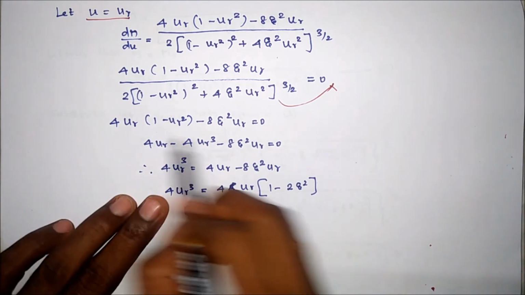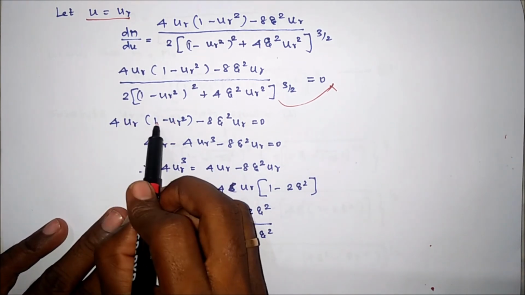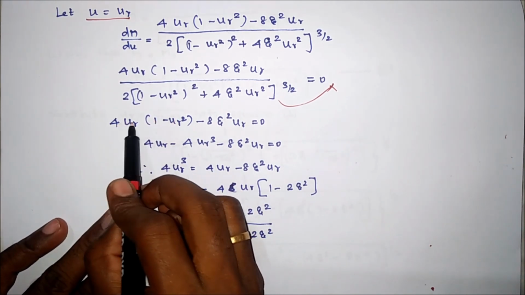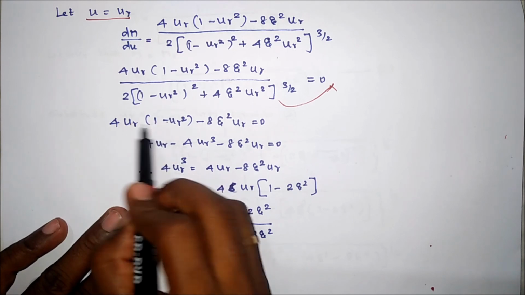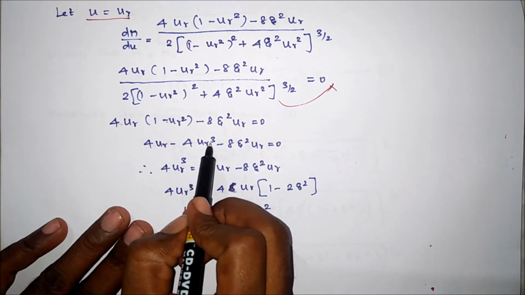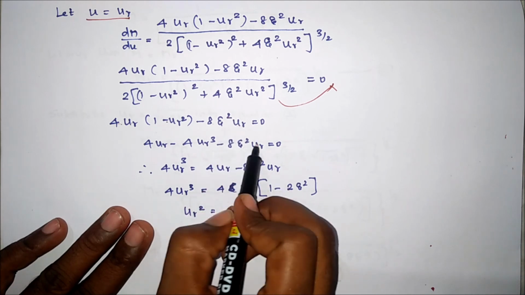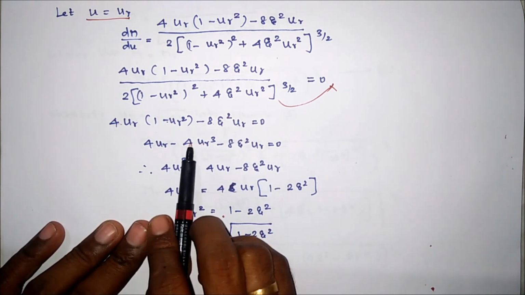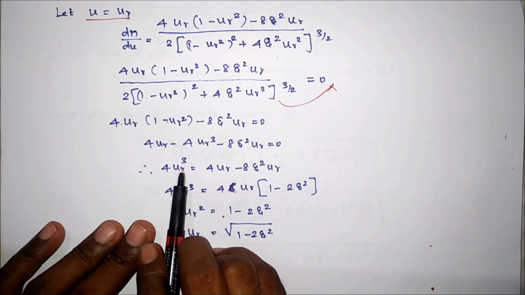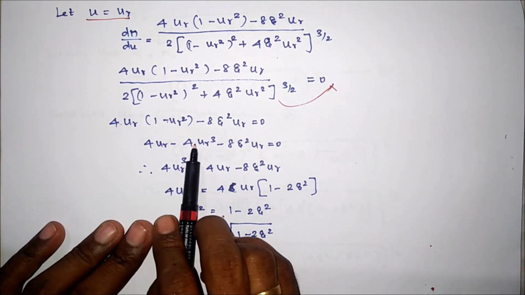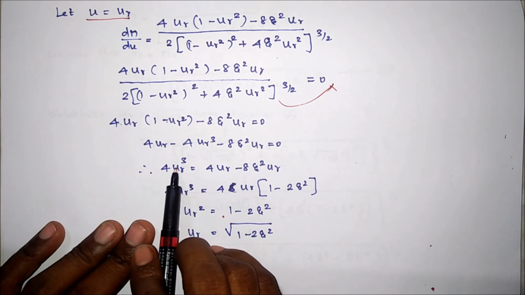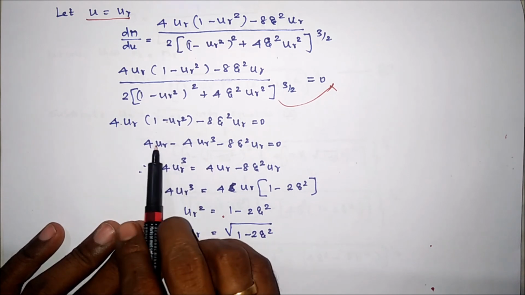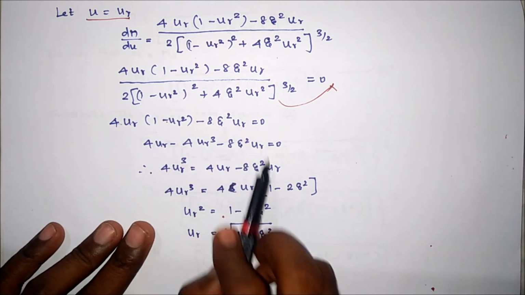So now we have to multiply this inside, so it will become 4 into ur minus 4 into ur cube minus 8 eta square ur equal to 0. So now we can keep this 4 ur cube here itself, or we can take this term to the right hand side. So 4 ur cube equal to 4 ur minus 8 eta square ur.